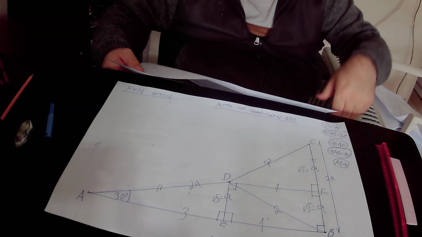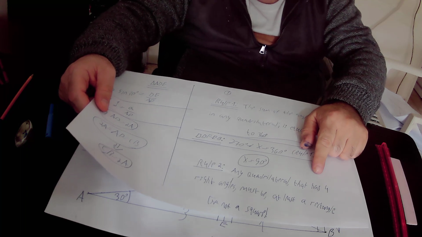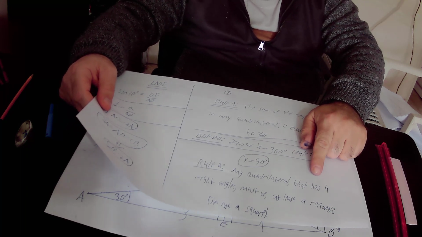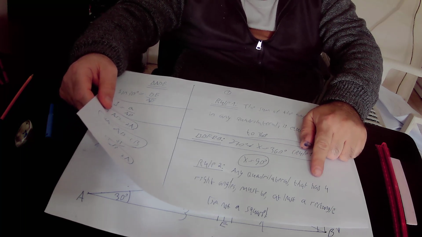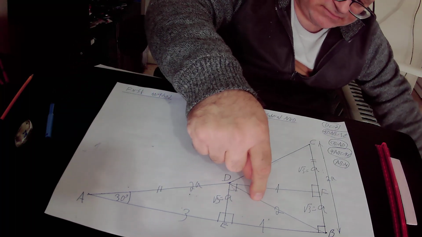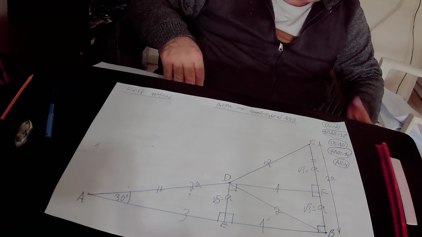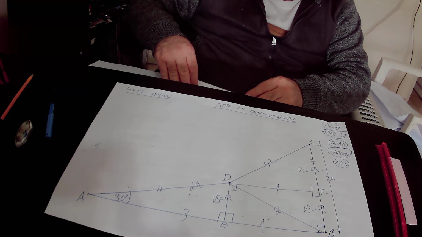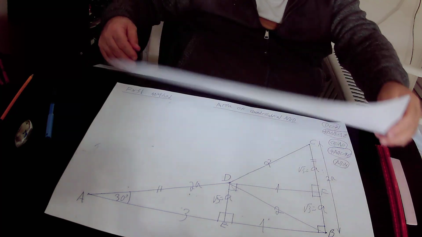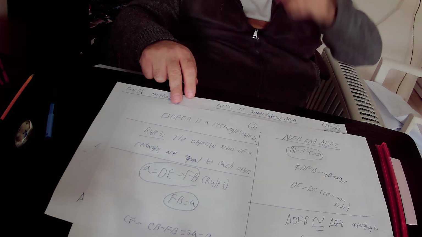It has 4 right angles, and we have rule number 2 that any quadrilateral that has 4 right angles must be at least a rectangle, if not a square. Because quadrilateral DFEB has 4 right angles, we will relate to it as a rectangle, according to rule number 2.